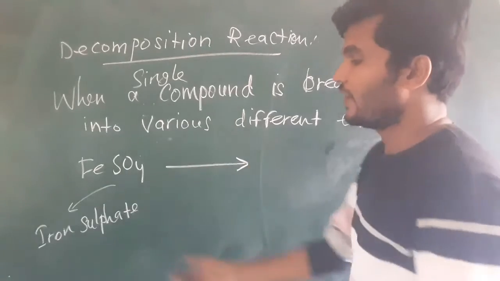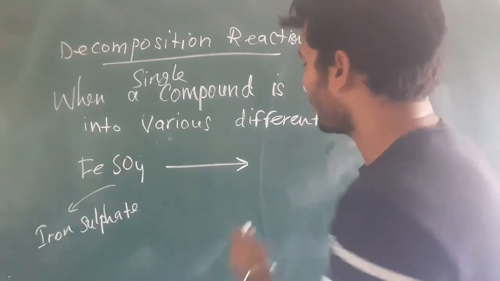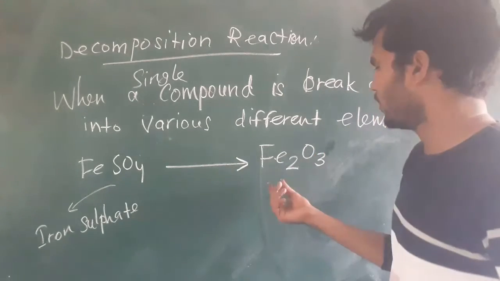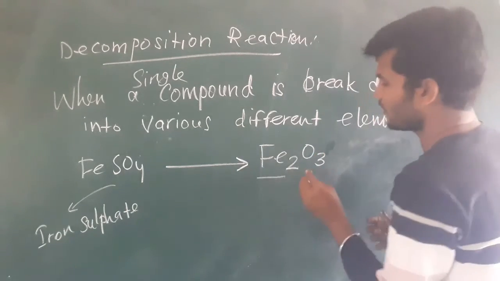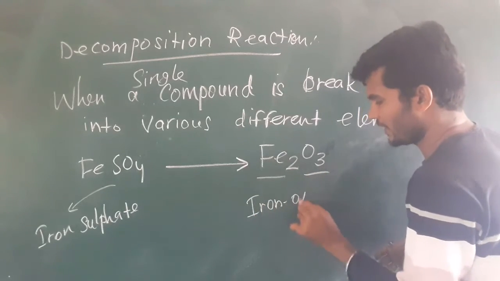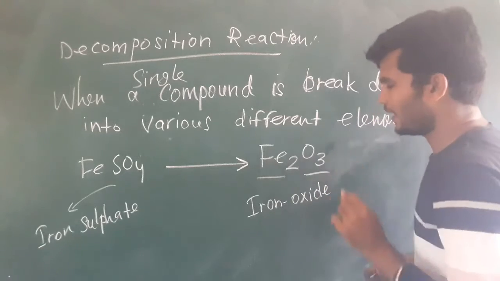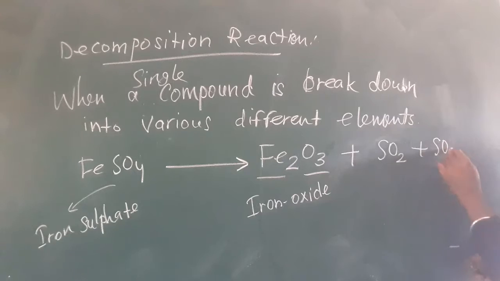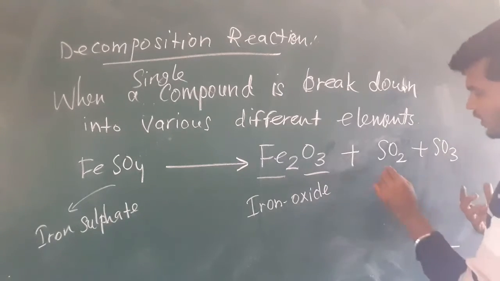जैसे यहाँ पे we are seeing the iron sulfate and it will be converted into the first major product, Fe2O3. Here is iron, this is oxygen. So this compound is called iron oxide, right? And with this few more compounds will be there, that is SO2 and SO3.